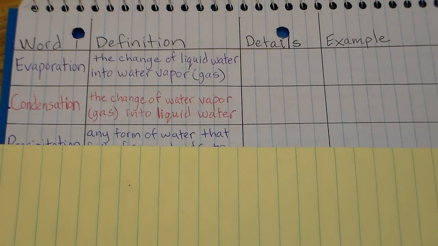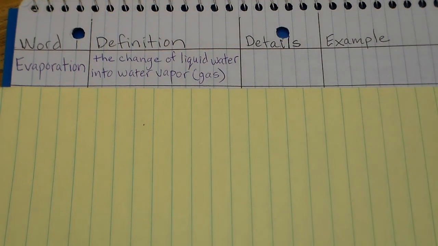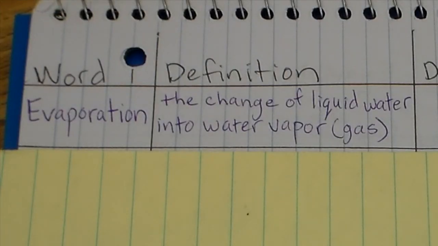And you'll also recognize some of these words we talked about when we were talking about the phases of matter and how we change states of matter. So our first word is the word evaporation. And again, evaporation is a way that we can change from one state of matter to another.